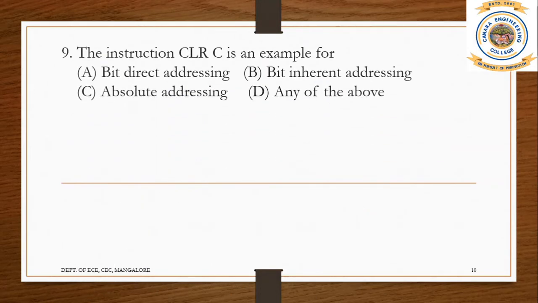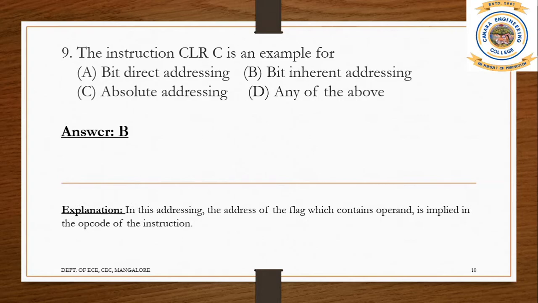The basic instruction syntax of 8051 is MOV destination, source. The instruction CLR C, that is clear C, is an example of which addressing mode? To answer such questions, you should be thorough with all the addressing modes. Here, clear C is an example of bit inherent addressing. In such addressing, the address of the flag which contains the operand is directly mentioned in the opcode. Here C is the carry flag, and this carry flag is inside another register.